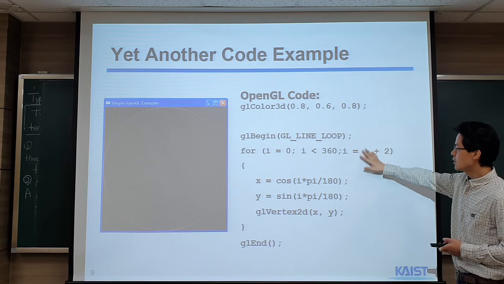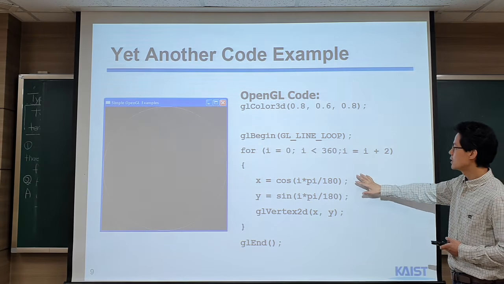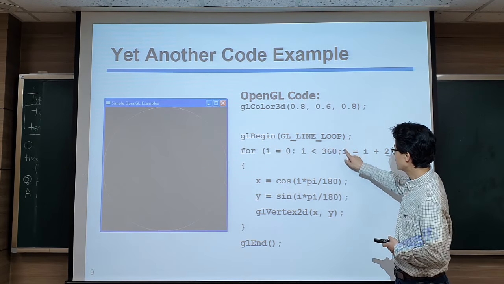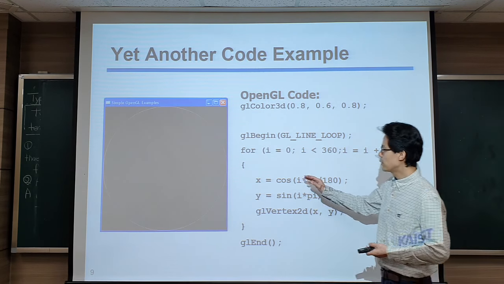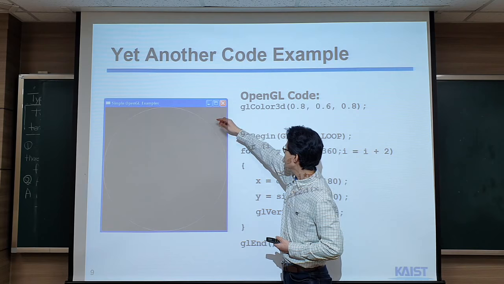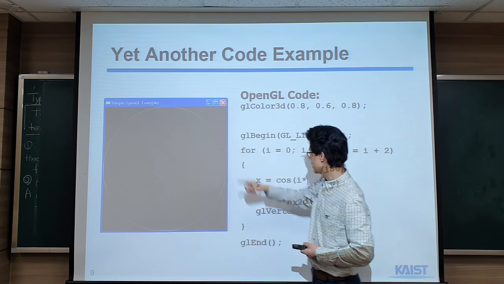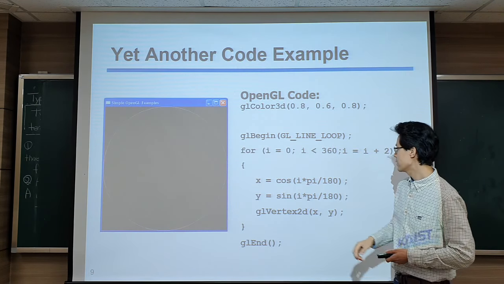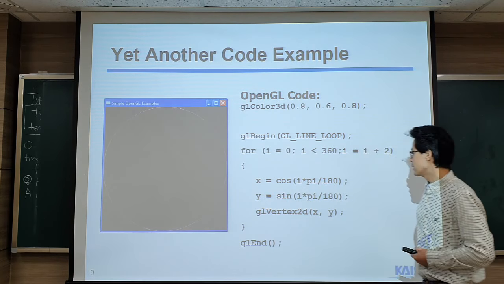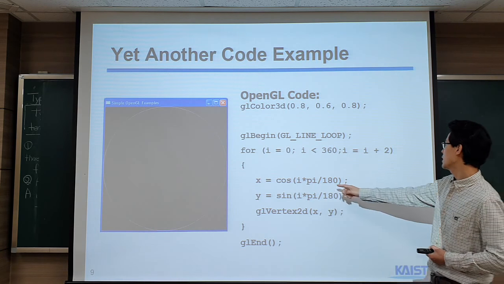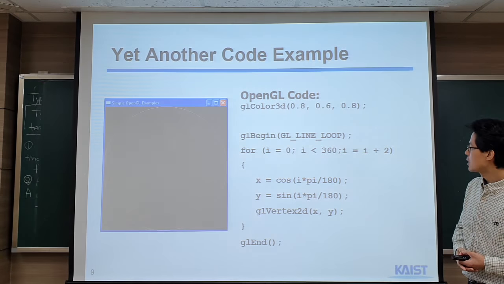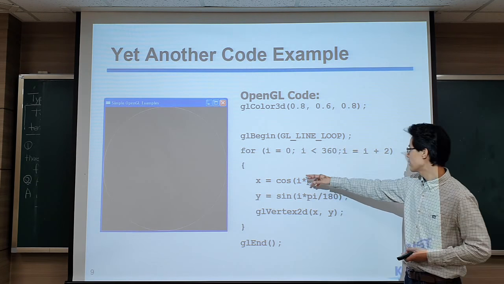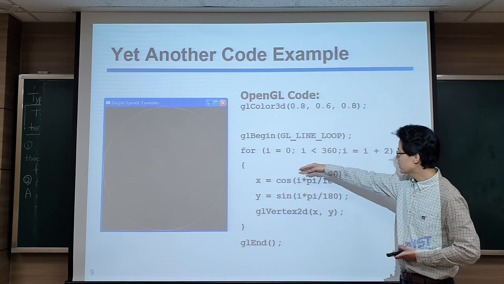Here you can see that we approximate the circle with 360 vertices, and we need to compute the coordinates of these vertices. The coordinates come with x and y, and i is the degree, which we convert into a radian value, and then we call cosine and sine.